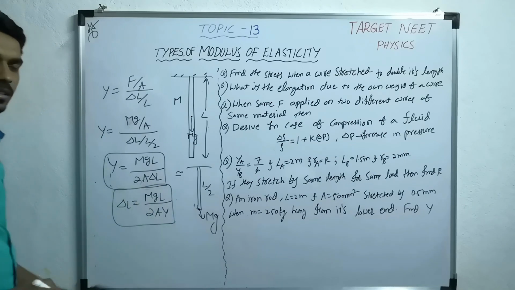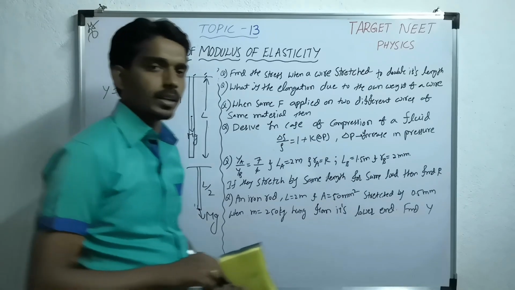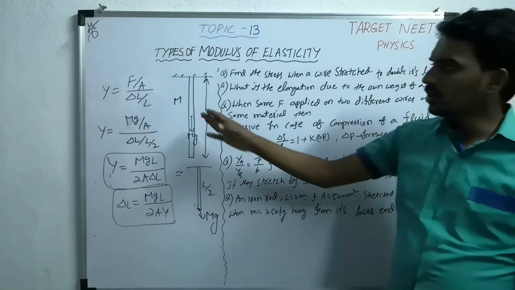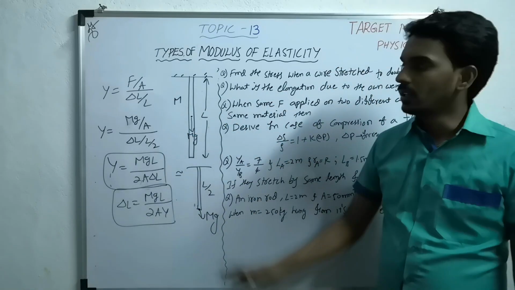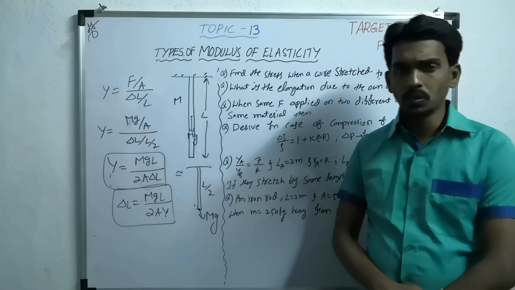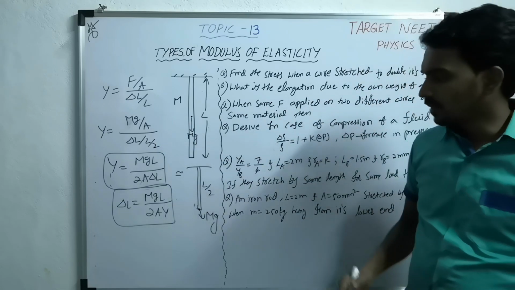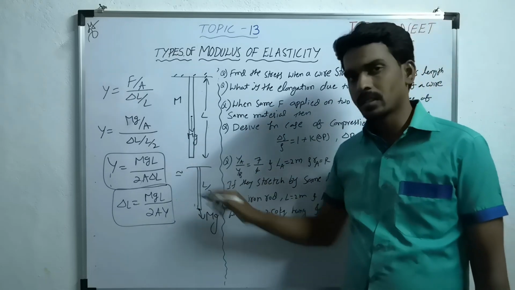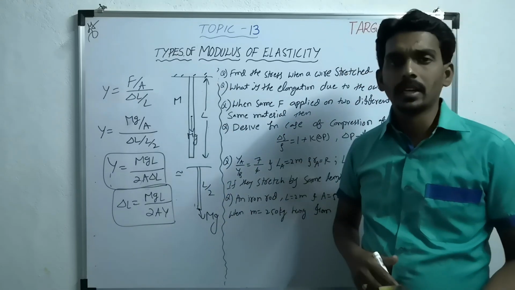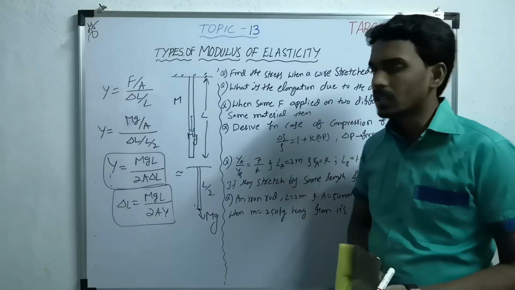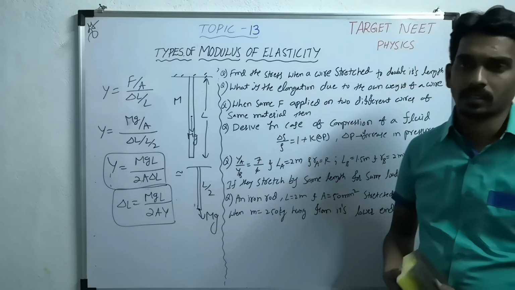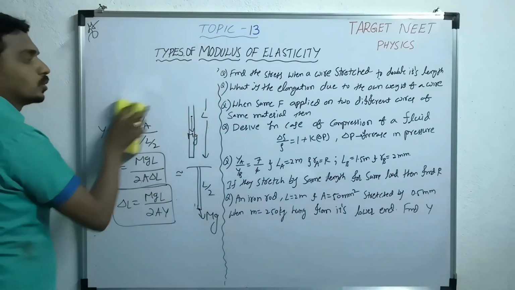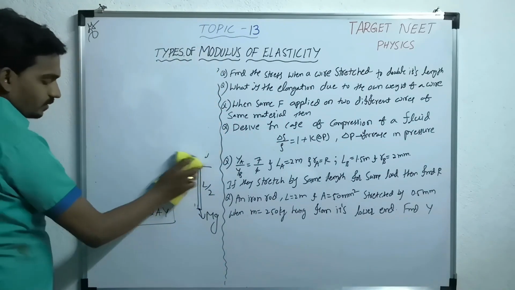This is the stretch or extension in the wire due to its own weight. Now you cannot neglect the weight of the wire. Usually in most cases when you take the wire and attach some weight or apply some force, we will neglect the weight of the wire. But in this case you should not neglect it, because they are asking the extension due to its own weight.